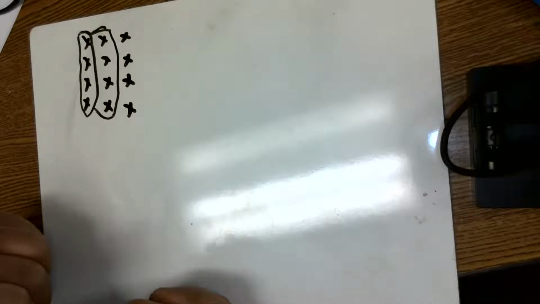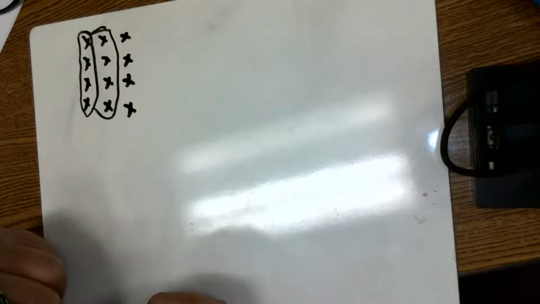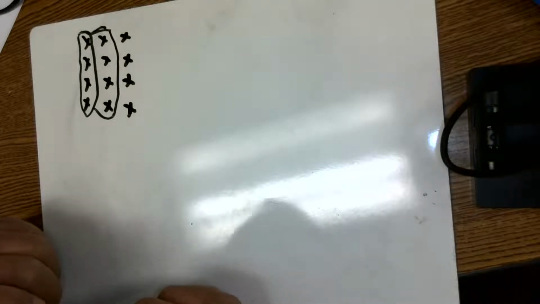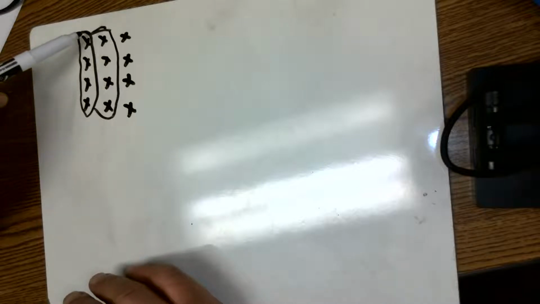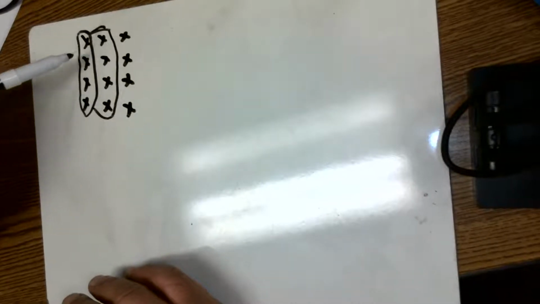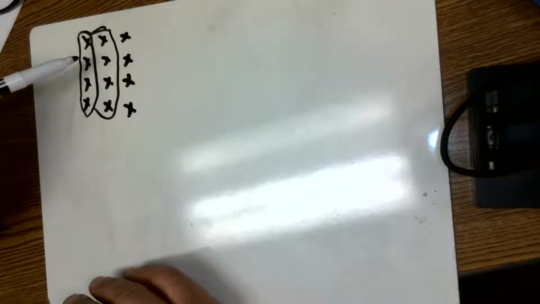The fraction would be either 6/12 or 4/12, right? Where in here do you see that there's 6? I don't see 6 circled, do you? And I see more than 4 circled.